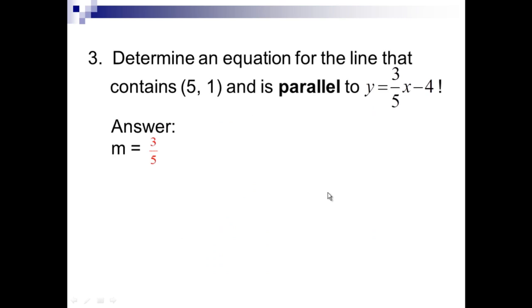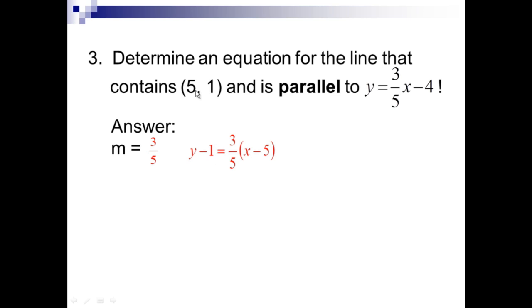Number 3. Determine an equation for the line that contains (5, 1) and is parallel to y equals 3/5 x minus 4. From the equation, we know that the gradient is 3/5. So, we can substitute into the formula of the equation of a straight line.